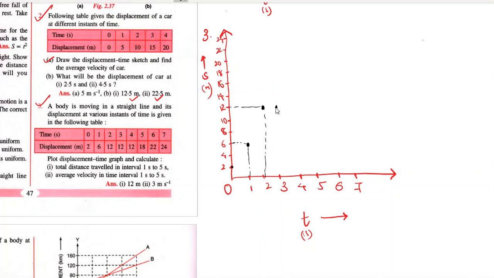Okay. 4, 12. All right. 5, 18. 6, 22. 7, 24.